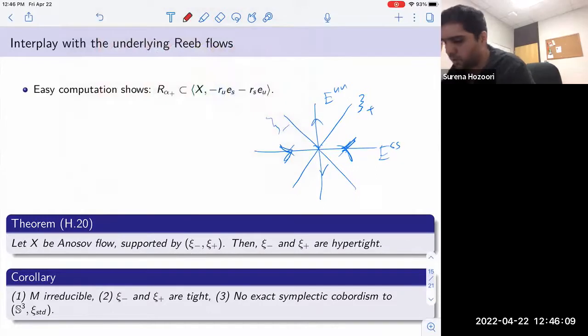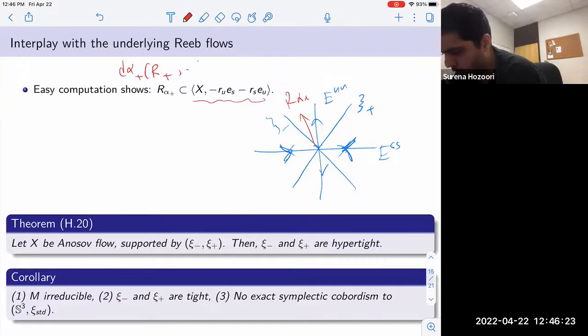And we can easily compute this and see that this vector field lies on this plane field.